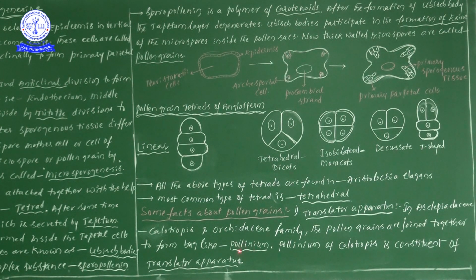The point to remember: in Asclepiadaceae or simply Calotropis and in Orchidaceae members, pollen grains are joined together and form a bag-like structure known as pollinium.